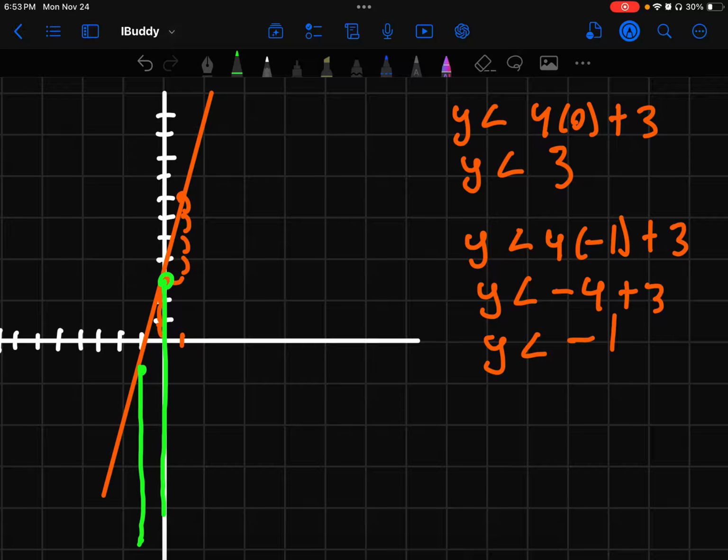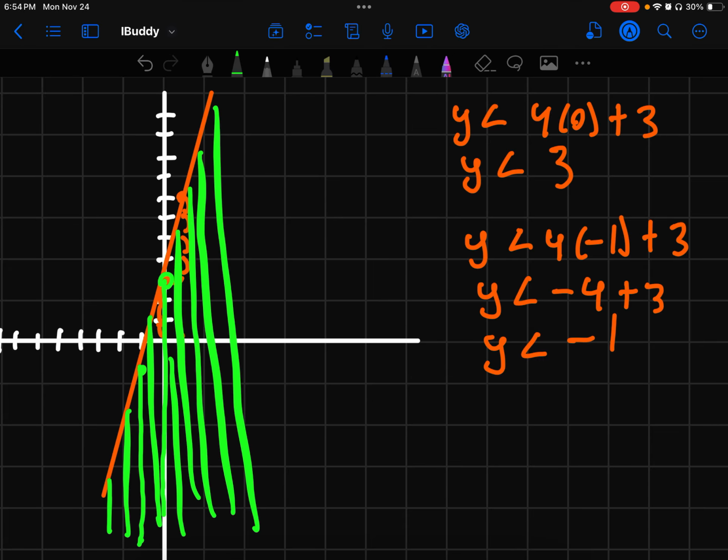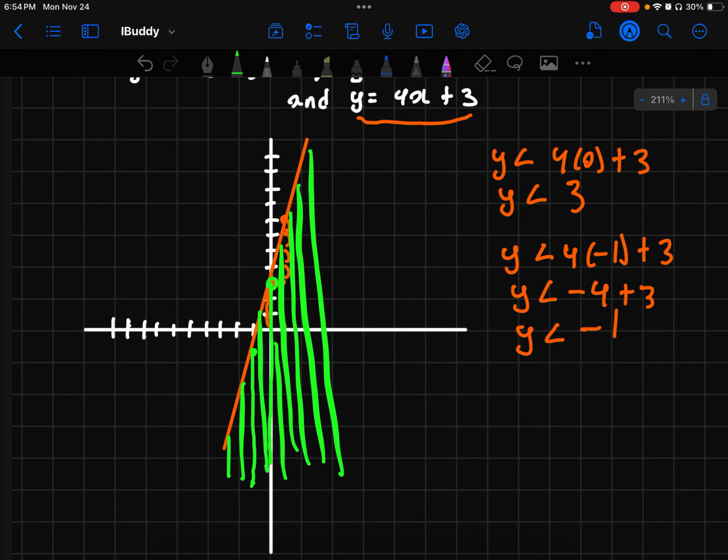That's essentially what you do, but you don't have to solve every single point to show these lines going down. You can just fill in the graph on your own, just like that. So that's essentially how you graph an inequality.